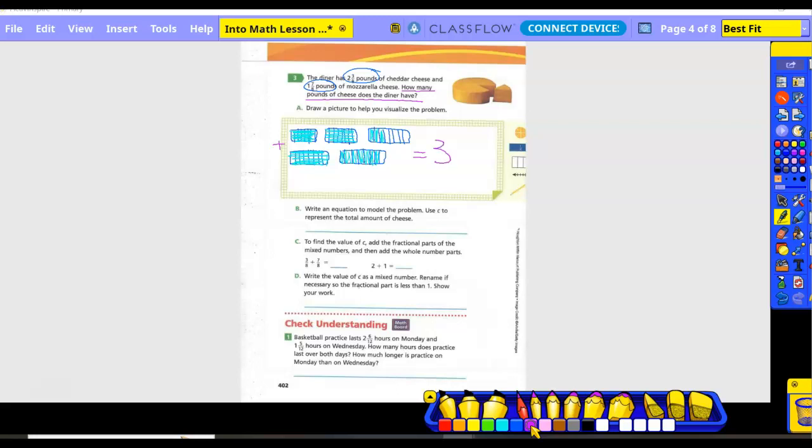What about 3/8 plus 7/8? What does that get me? 10/8. So how many times does 8 go into 10? 1 time. So now I have 4 wholes and how many 8s left over? 2. So 4 and 2/8.